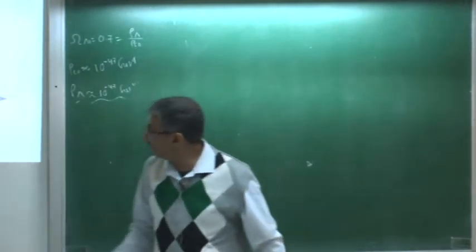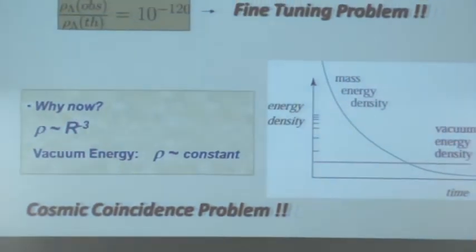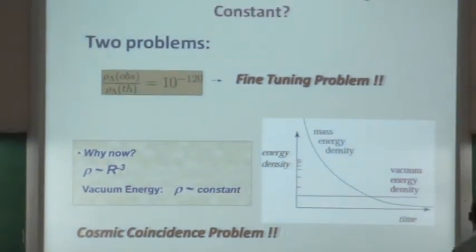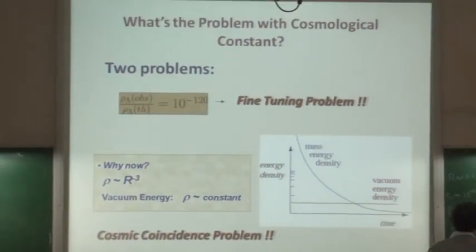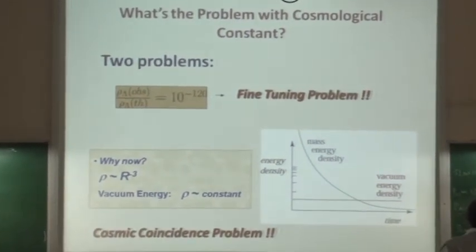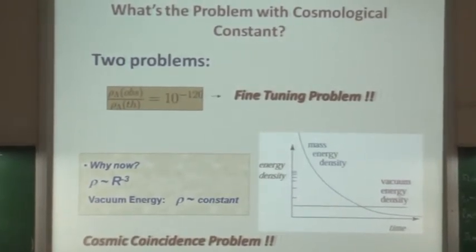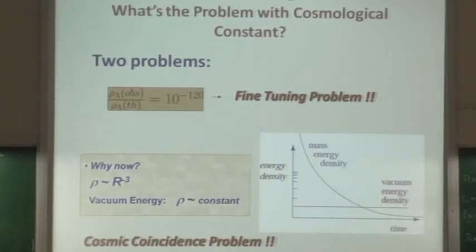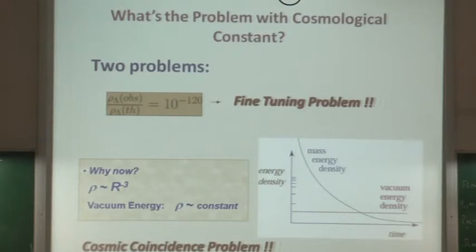As I said, the dark energy density parameter is 0.7 and omega m naught is 0.3, which is rho m naught by rho c naught. Fine. So what we get is that both rho lambda and rho m are of the same order around the present. Okay, one is 0.3, one is 0.7, so they are of the same order.